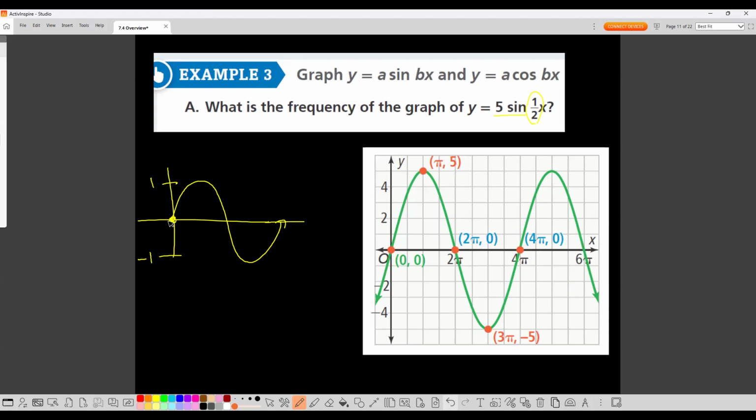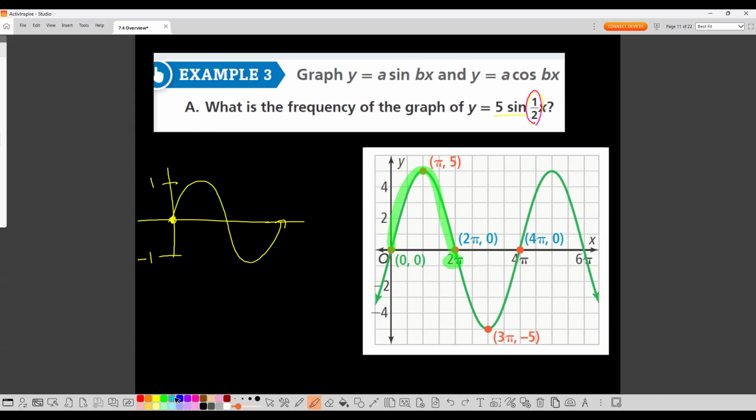And we've completed just half of a cycle in our normal period of 2 pi. And again, why am I saying that? Because this frequency right here, a half, tells me how much of the graph to finish in that amount of time.